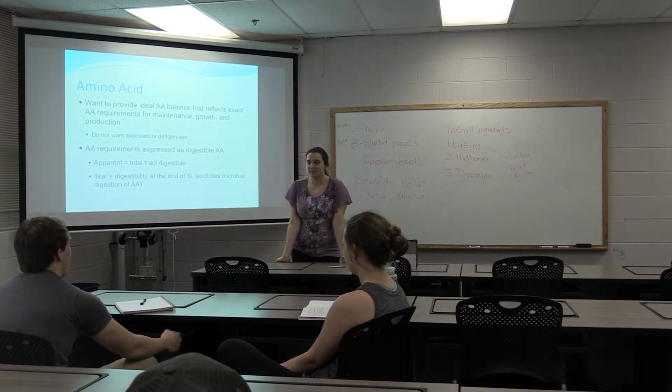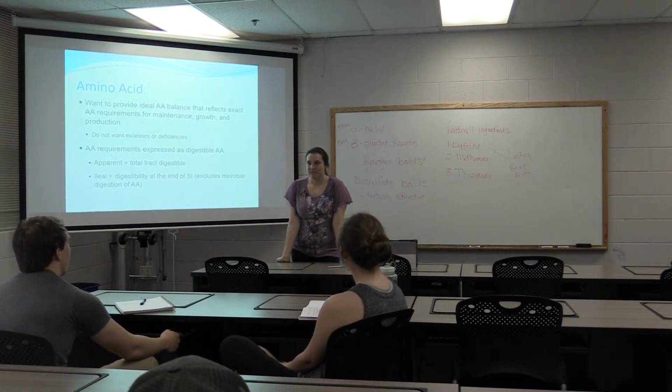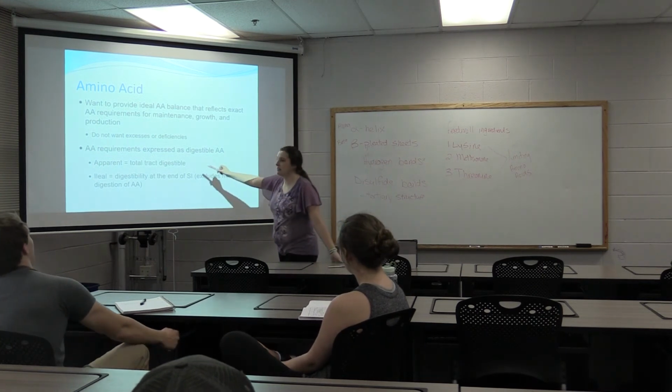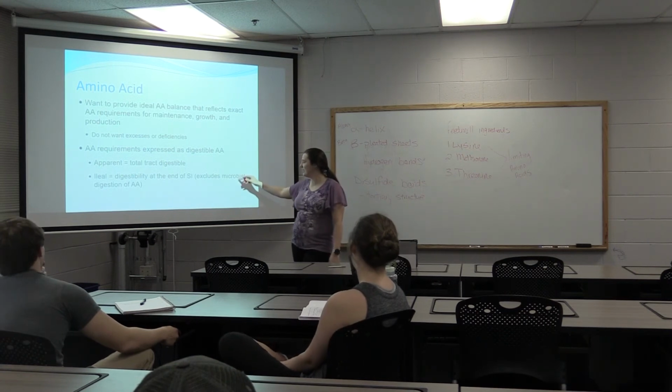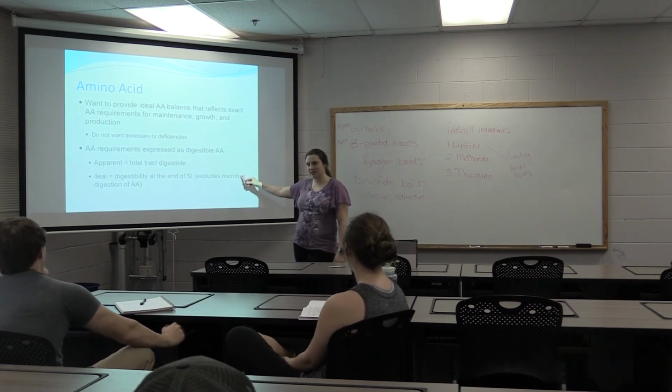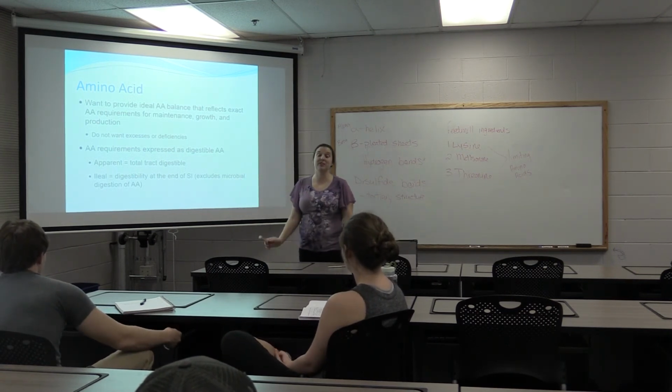You know how much you put in, you measure what came out and then subtract. Well, that's giving you apparent. So how would we account for or get around this microbial digestion to the best of our ability?